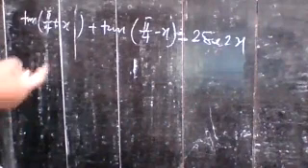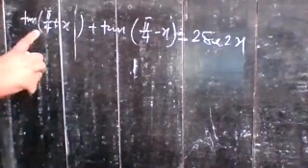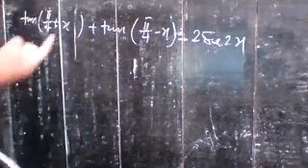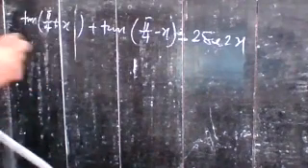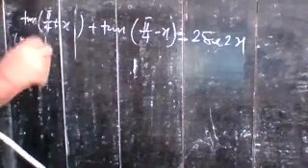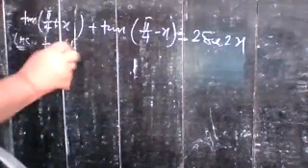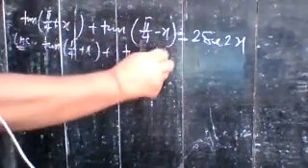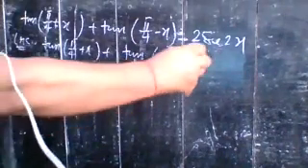So here you take the left side and apply the identity of tan(x plus y) and tan(x minus y). And you know the value of tan pi by 4 is 1. So apply it and check what your result is. So left side: tan(pi by 4 plus x) plus tan(pi by 4 minus x).